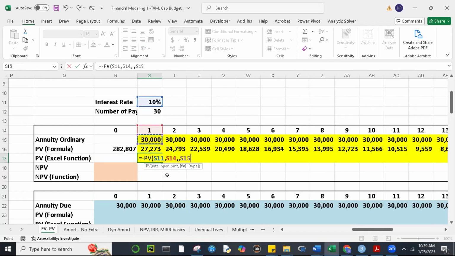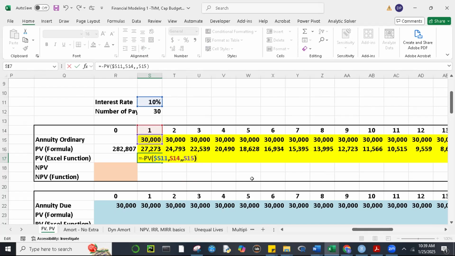Now N per, class, we're not going to fix this. The rate we're going to fix again, so S11 should be F4 there. It should be dollar S11, and then S15 is nothing fixed there.